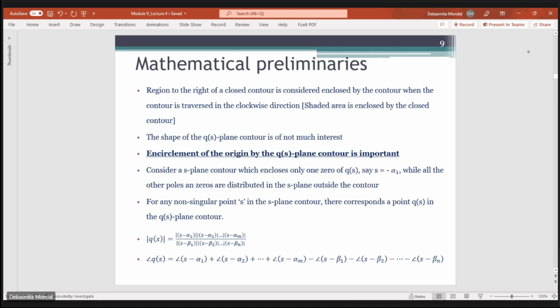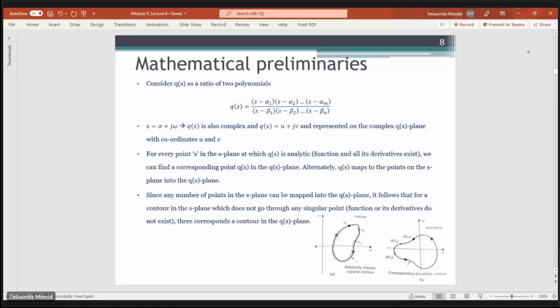Now, the region to the right of a closed contour is said to be enclosed by the contour. Since we are moving in the clockwise direction, if we observe the direction in which we are going, the right hand side is enclosed by this contour.